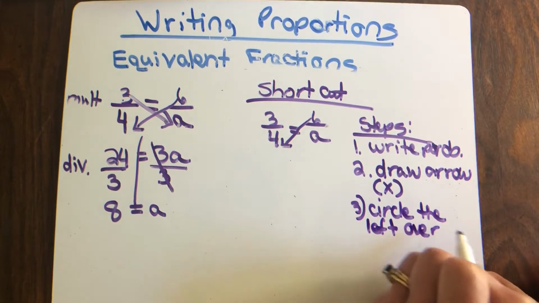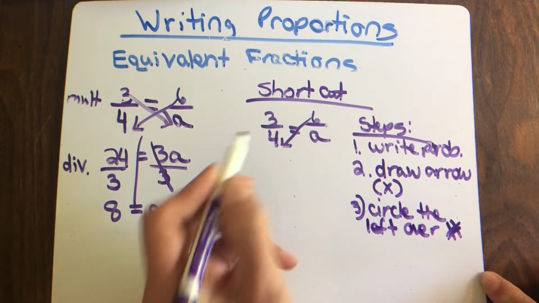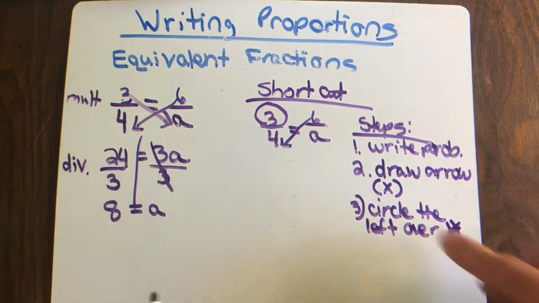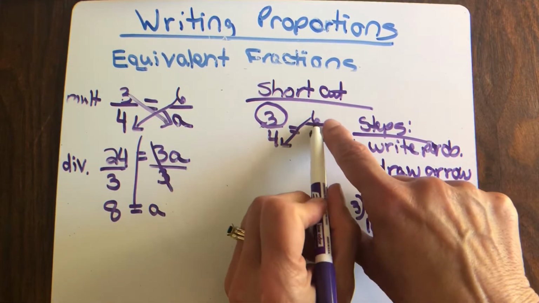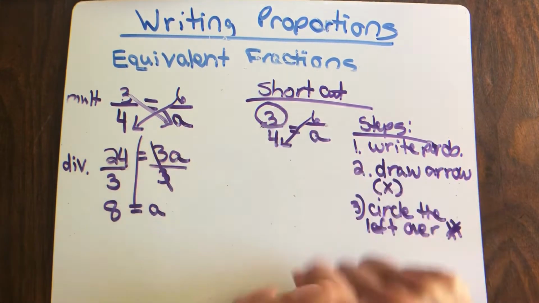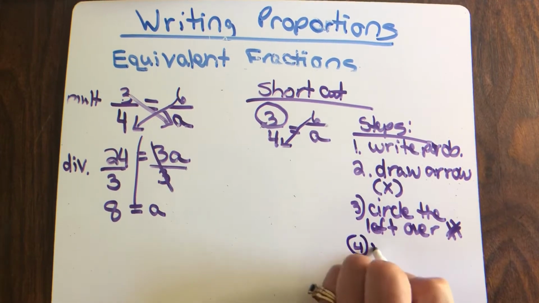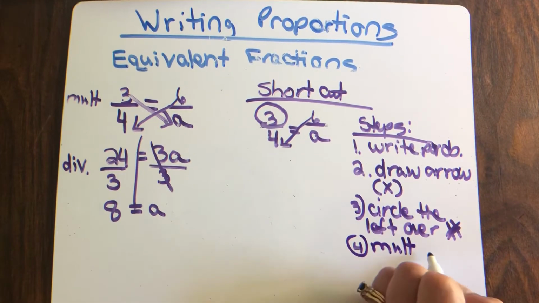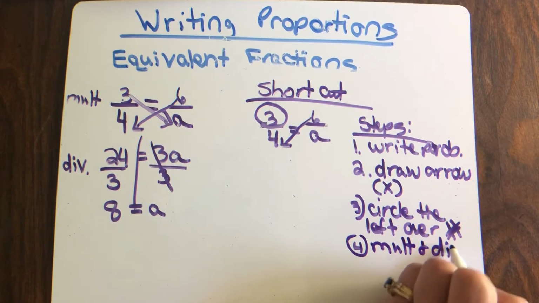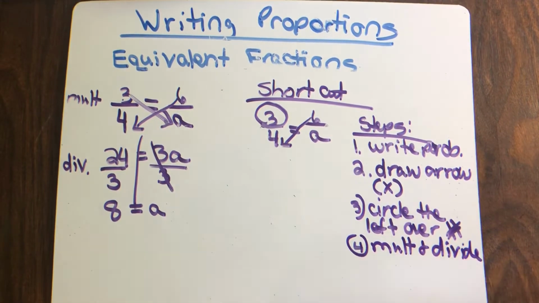Not the letter, the leftover number. So we're going to circle that. I want to see that arrow and I want to see that circle. Yes, these are easy, but let's just get this in your head so that you don't have any trouble. And then you're just going to multiply and then divide.